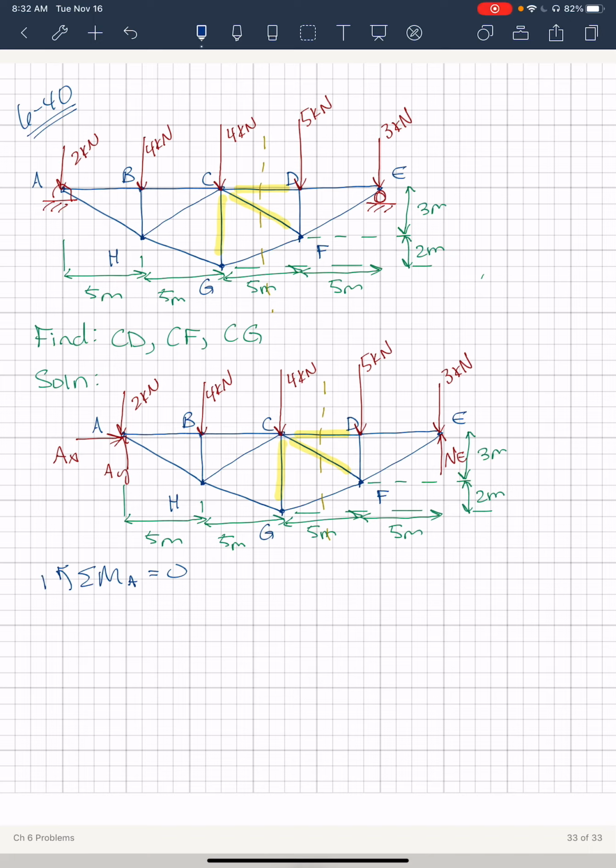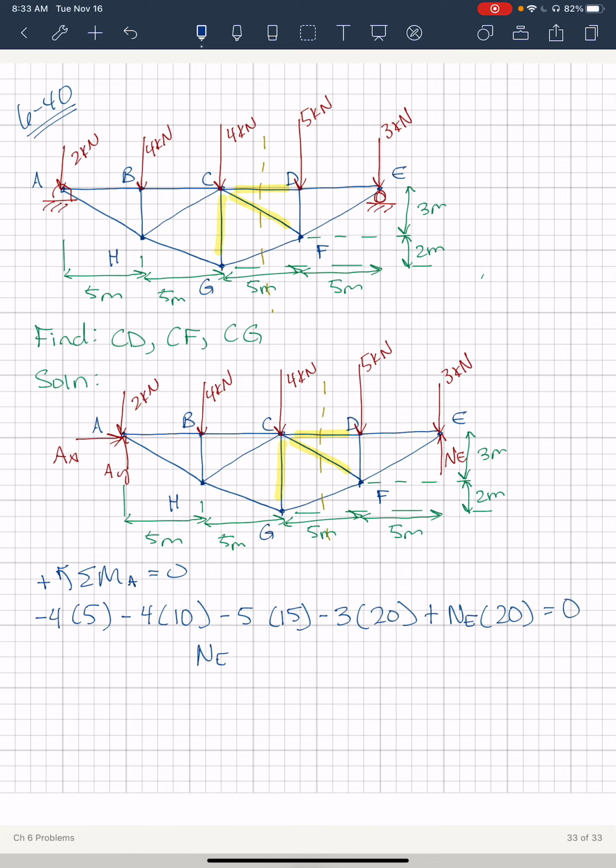I'm going to make coming out of the board as being positive. So we get that 4 kilonewton force at B is going to create a negative moment, so minus 4 times 5 meters. And then I'm going over to C, so minus 4 times 10 meters. And then over here, minus 5 times 15 meters. And then minus 3 times 20 meters. And then plus NE times that 20 meters equals 0.